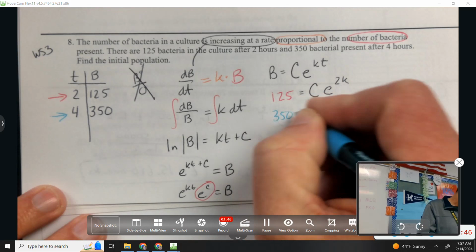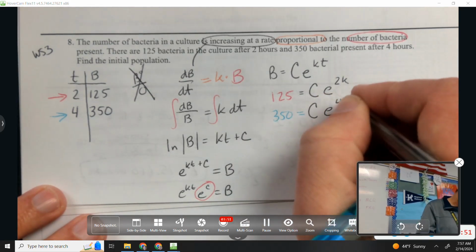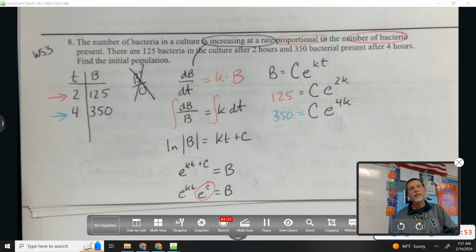So 350 equals c e to the 4k. Well, that doesn't really help either. Alright, algebra super all-stars. Any idea what we could do? Because I got 2 equations and 2 unknowns, so algebraically speaking, I ought to be able to solve this, but we haven't done one like this.